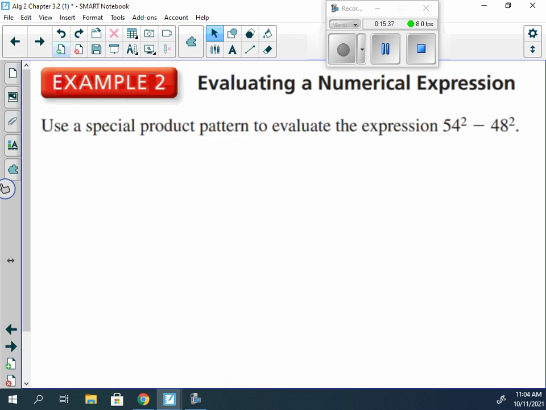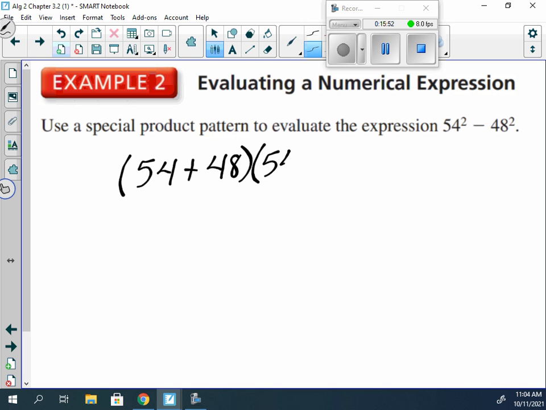Well, as we just said, a squared minus b squared is equal to a plus b times a minus b, yes? So 54 squared minus 48 squared, well, that'd be the same as 54 plus 48 times 54 minus 48. Well, 54 plus 48 is going to be 102.